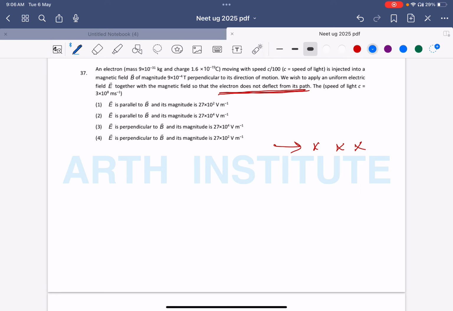This is possible when the force due to the magnetic field, qvB, is equal to qE, or q gets cancelled. So the condition is that E and B should be perpendicular. This is the condition for crossed fields when the electron does not deflect from its path. This you have to remember. And second is the magnitude.